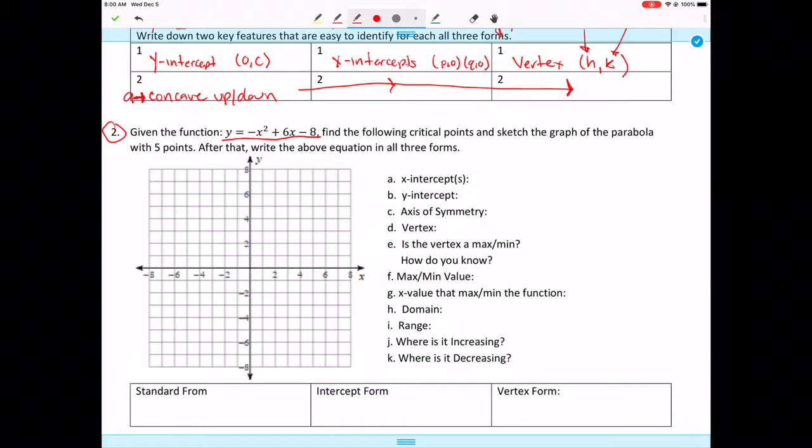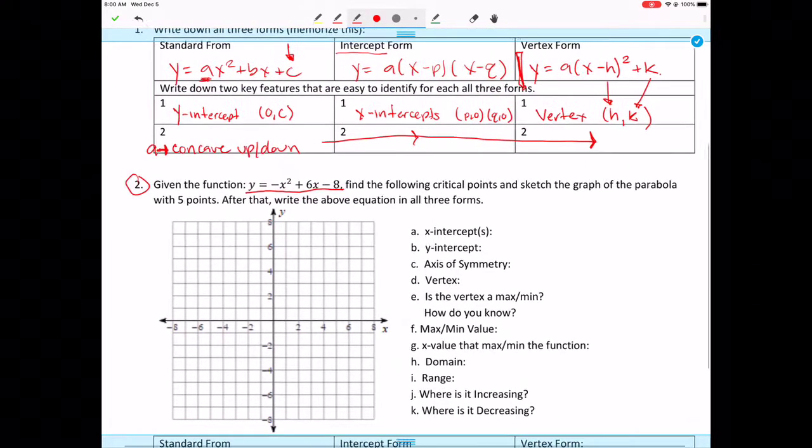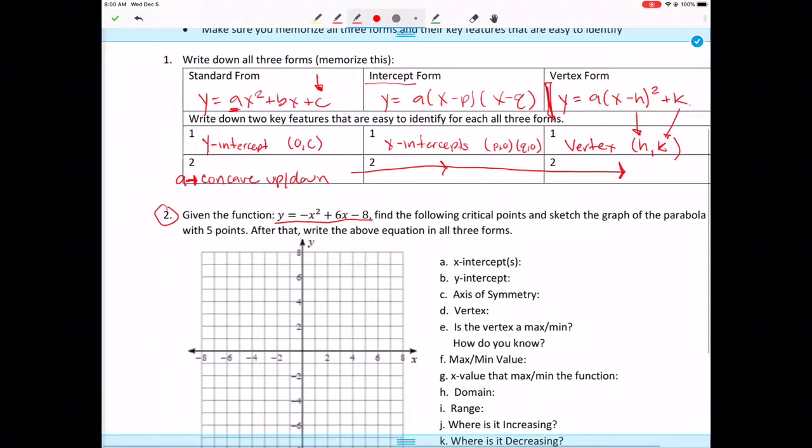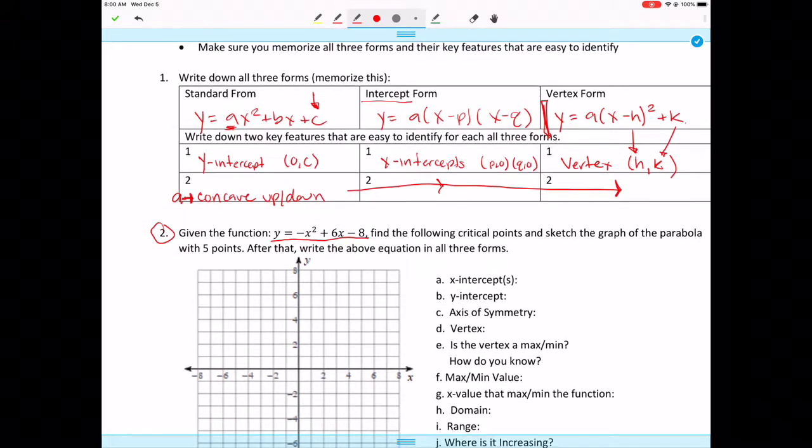Okay? And there's one thing that you also need to memorize, or at least it will help you if you want to use it, and maybe I'll write it over here with this other stuff that we need to memorize: our axis of symmetry.